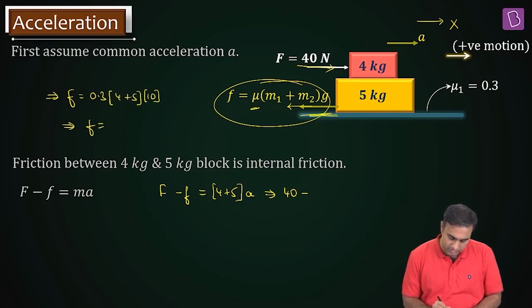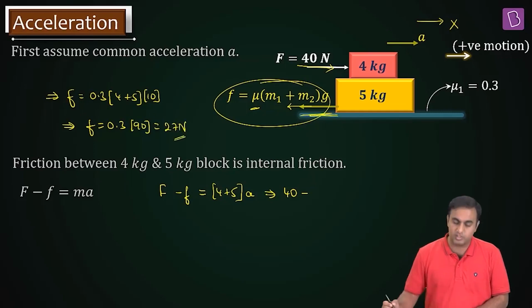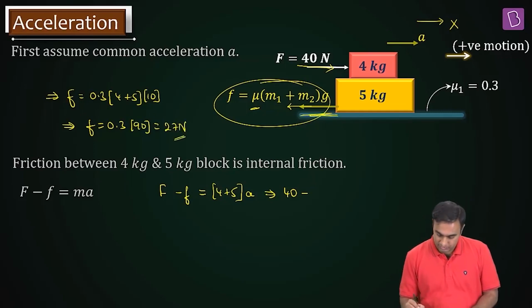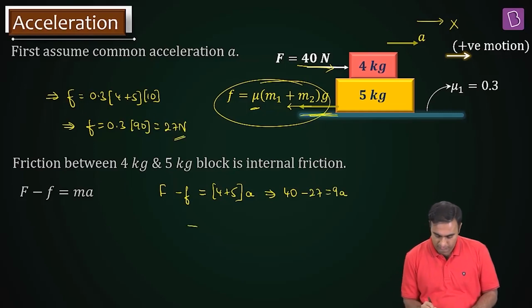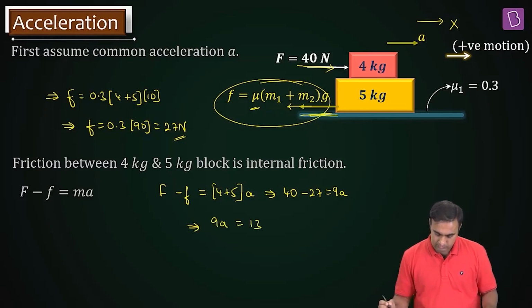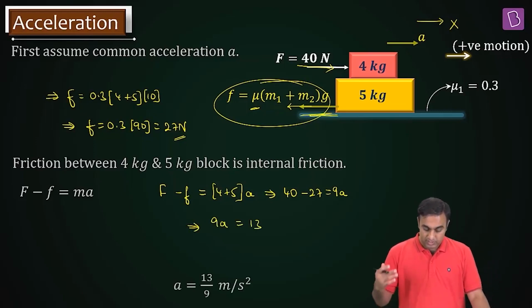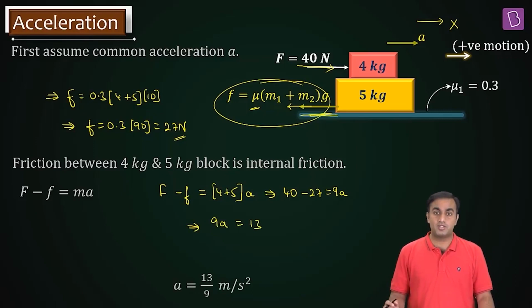And that gives us 0.3 into 90 or 27 Newton. So from here, 40 minus 27 is 13 Newton, and that's equal to 9 times A. Solve this, you get A to be 13 by 9 meter per second square.